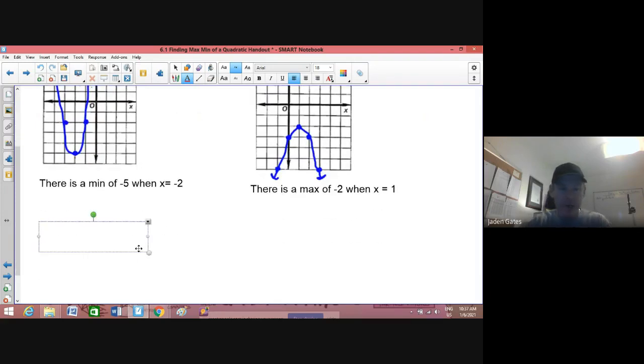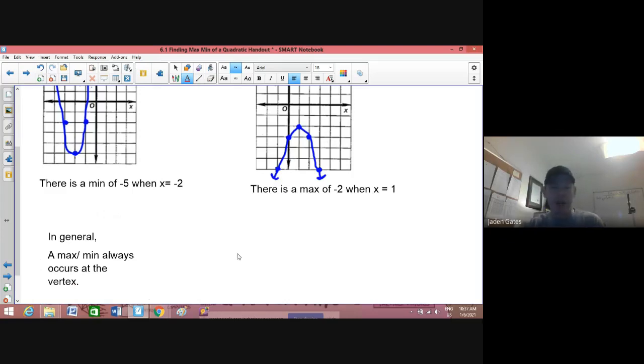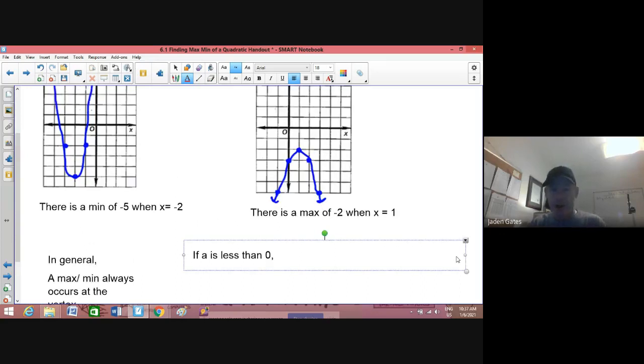So in general, a max or a min always occurs at the vertex. That's important. That's why we're going to have to convert everything to vertex form. And then the second thing is, by looking at the equation, if a is less than 0, in other words, it is negative, look what happens.